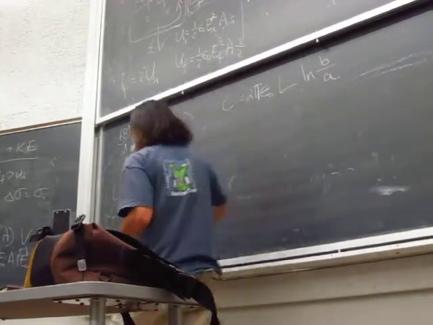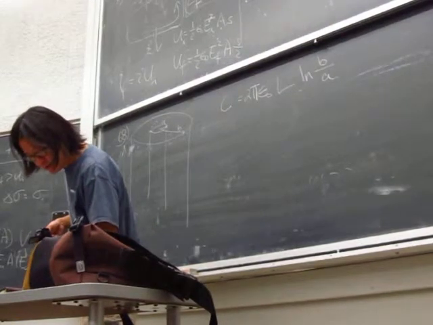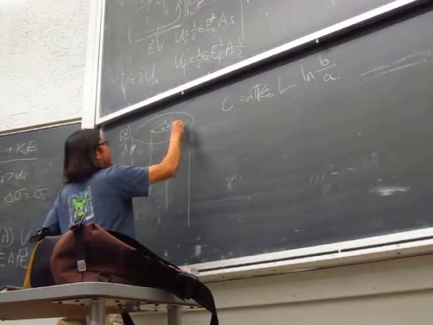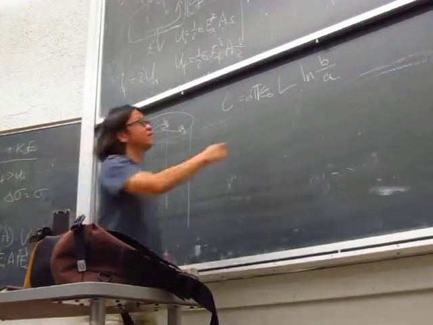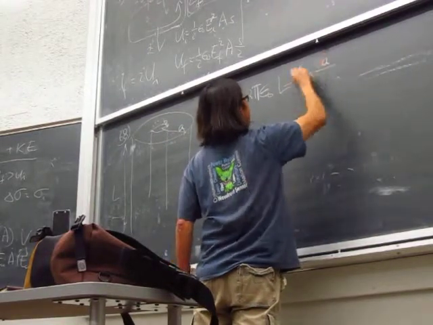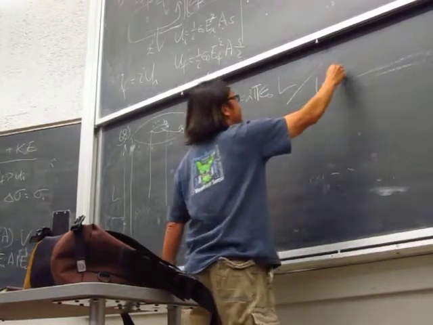Which one is A, which one is B? The outer one is A and the inner is B, they said. Oh, the other one is A. But it's 1 over ln. No, the ln is in the denominator. Yes, sorry, what am I thinking?